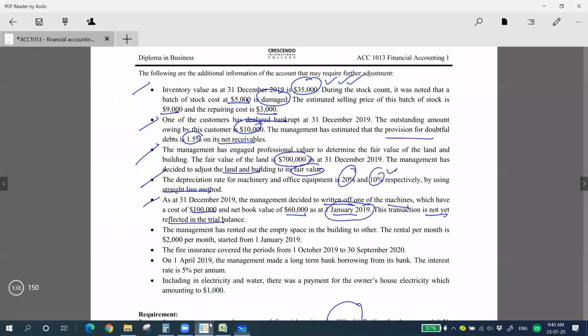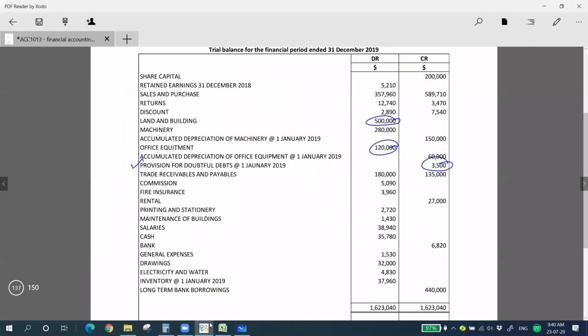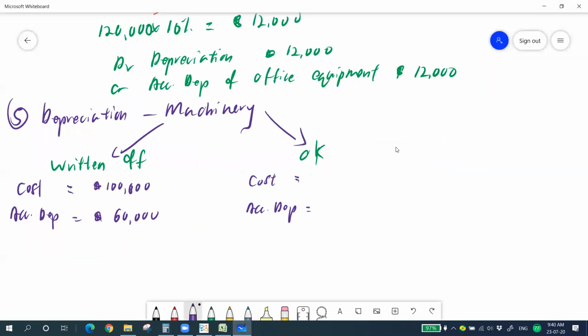The total cost of your machinery is 280,000. If the written off amount is 100,000, so the remaining good one is what? 180,000. How do I get 180,000? I use 280,000 minus 100,000.